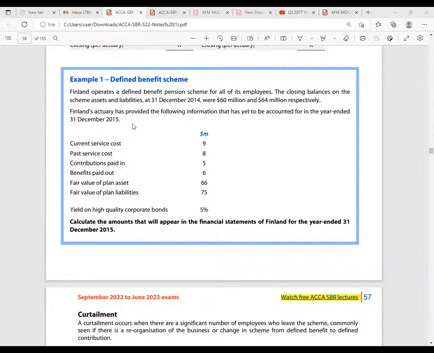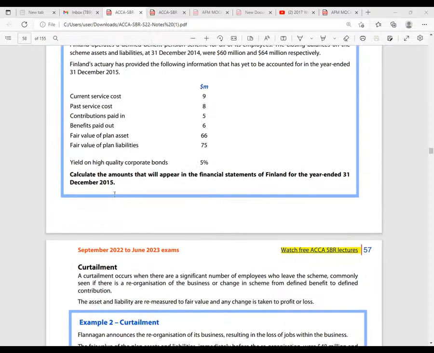I can see we have current service cost, past cost, contributions paid in, benefits paid out, fair value of plan assets, fair value of plan liabilities, and yield on high quality corporate bonds. This is what I'll use to calculate the interest. They want us to calculate the amounts that will appear in the financial statements of Finland for the year ended 31st December 2015.